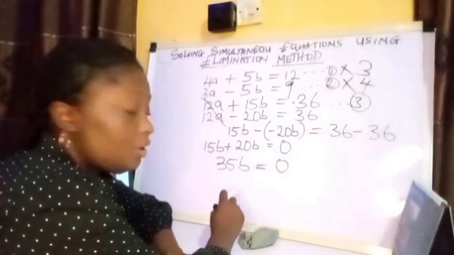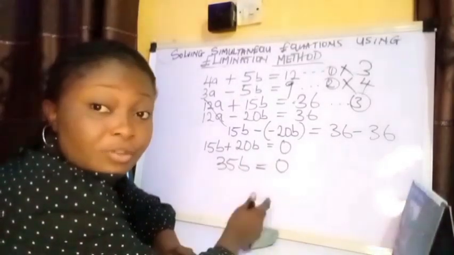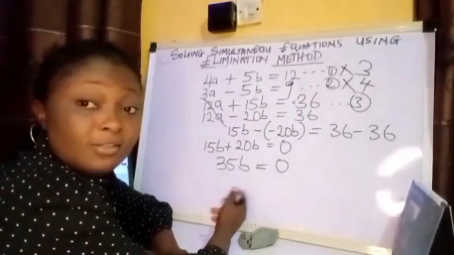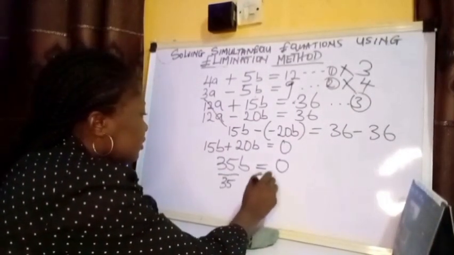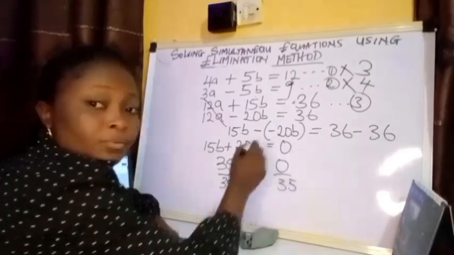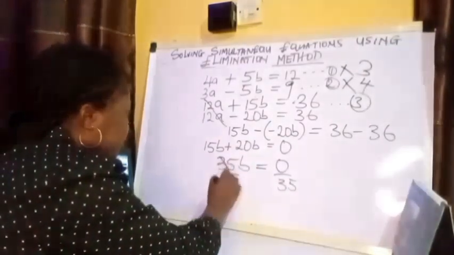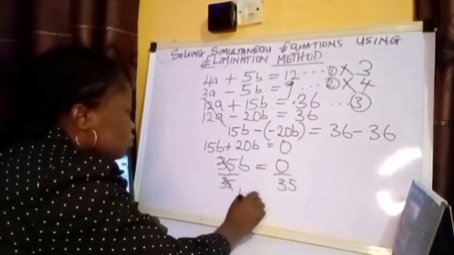At this point, we divide both sides of the equation by the coefficient of B, and the coefficient of B here is 35. So divided by 35, we'll have B equal to 0.